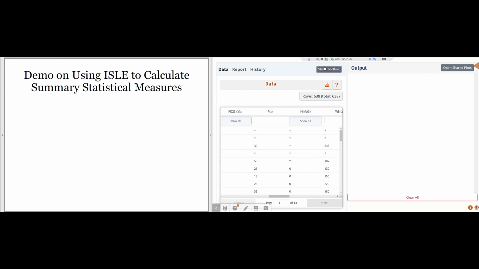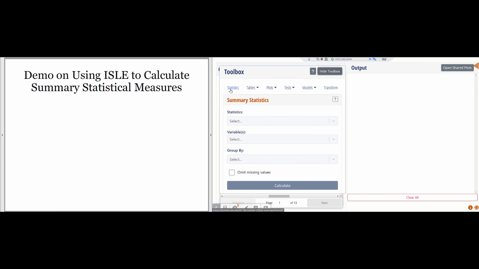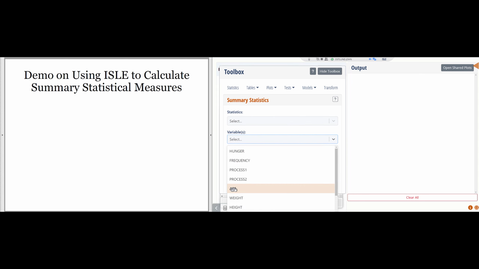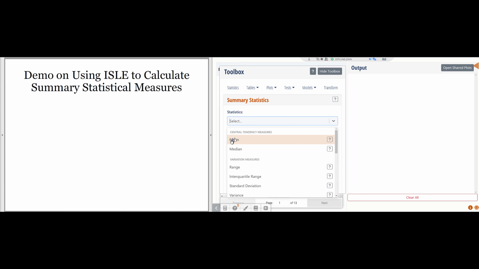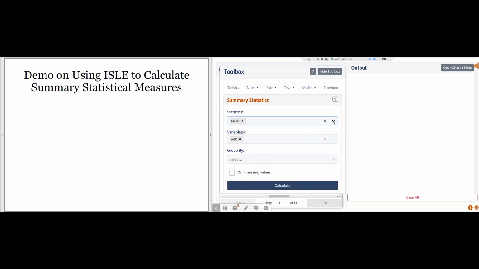So let me compute the... Oh, I have to pick some data first. Let me pick age, and I want to compute the mean and the standard deviation of the age, excluding any people who didn't provide their age. Let's see what we get.